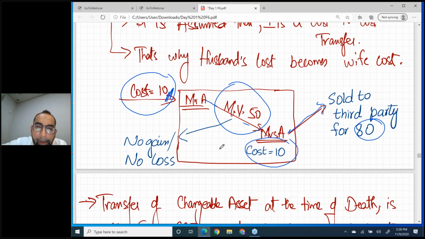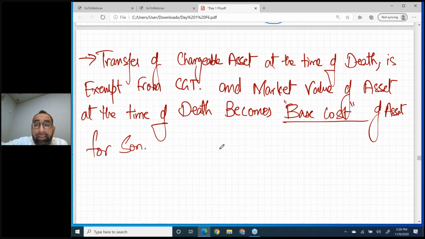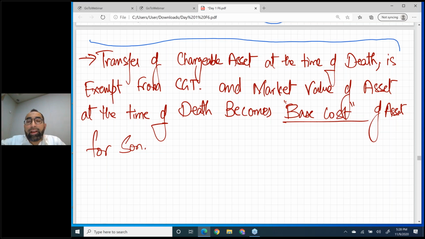Now one more important event coming a lot nowadays. This is the death issue. Transfer of chargeable asset at the time of death is exempt from CGT. No CGT on it. For example, Mr. A bought an asset for 10 pounds, and after 3 years he died. At the time of his death, the market value was 100.